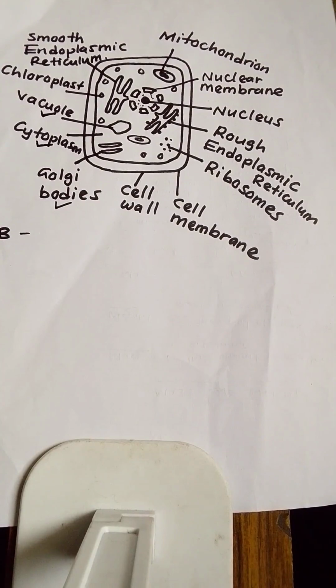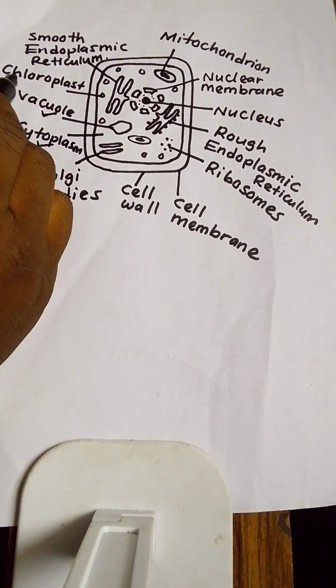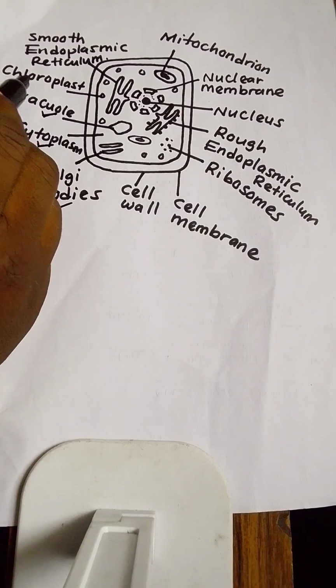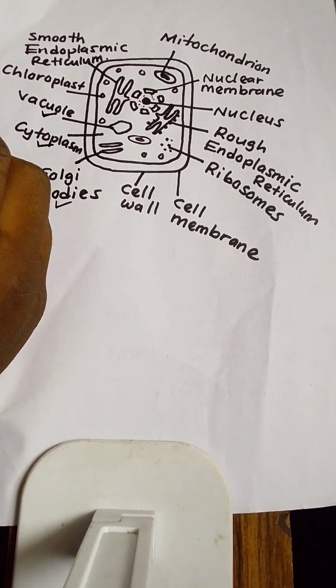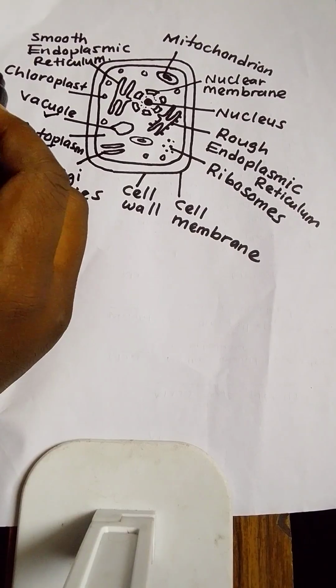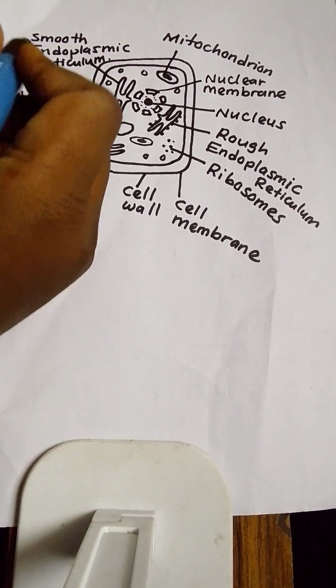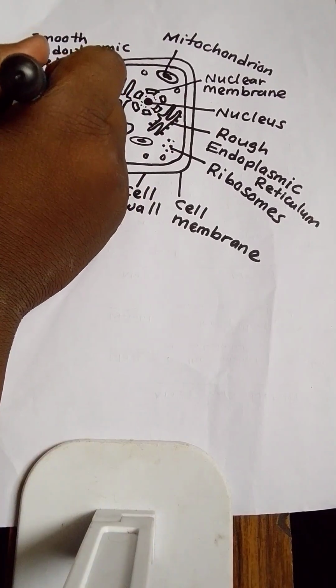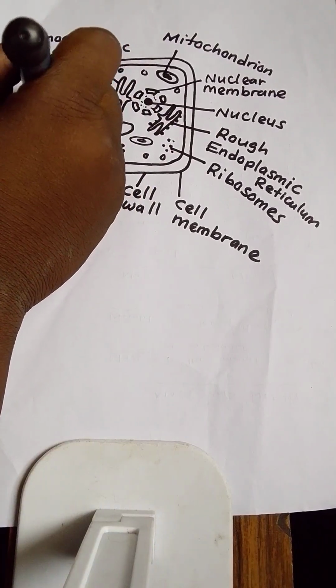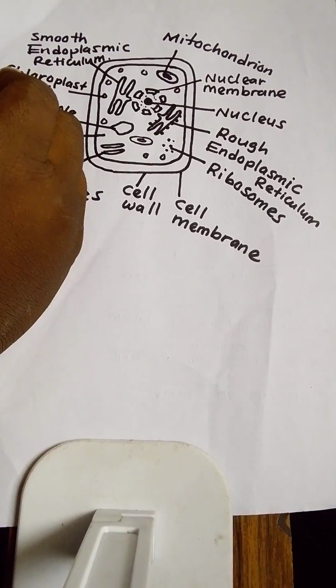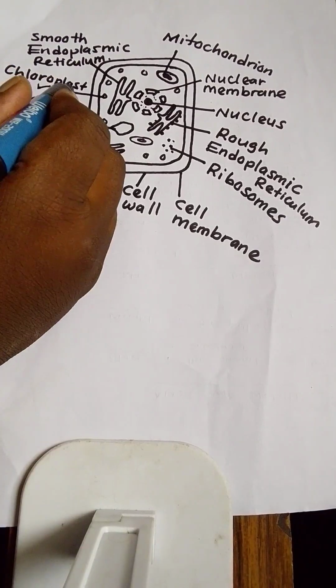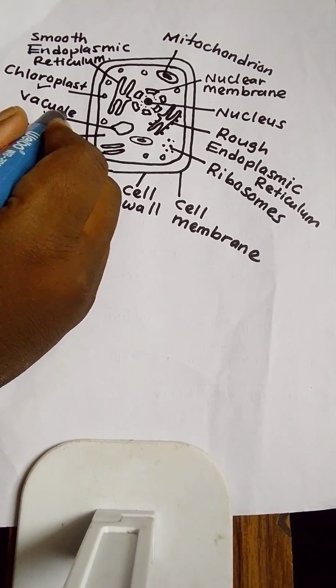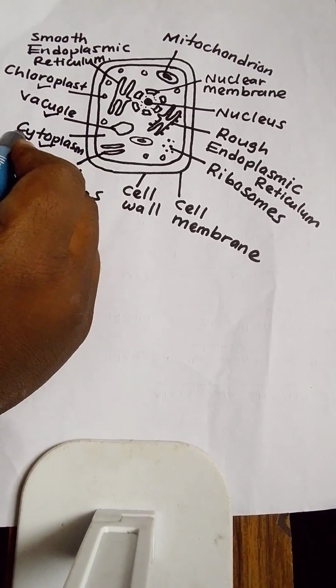Let's look at the chloroplast. What is the function of the chloroplast? The chloroplast contains chlorophyll needed for photosynthesis. Vacuole contains cell sap.